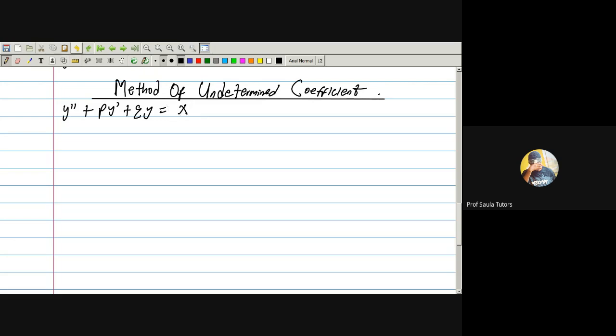This is guesswork based on what is here. Now I will give you some rules on how to guess. Let me call this the terms in x, and let me put this as the choice for the particular integral, PI.